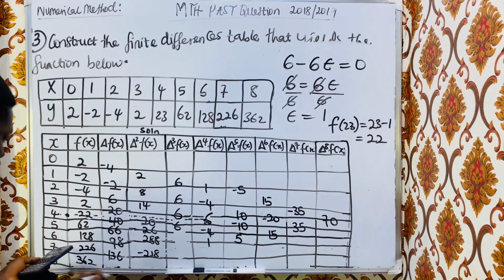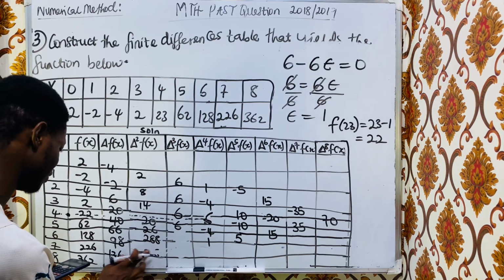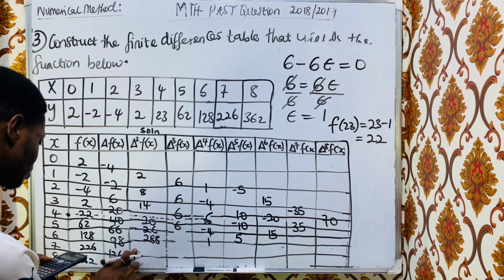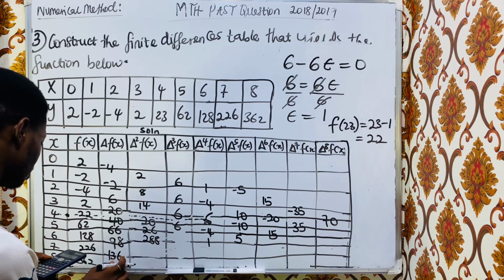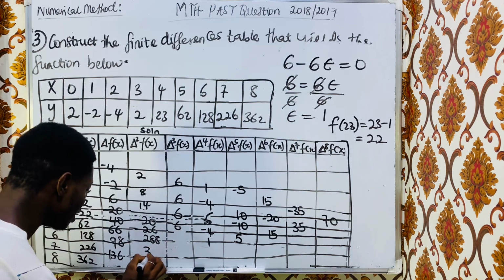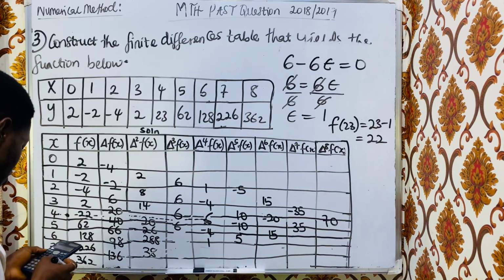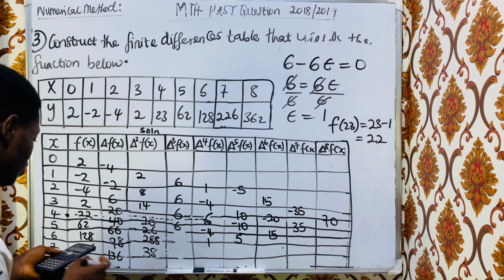It will not affect. So this minus this, 136 minus 98, gives me 38 instead of this. Then 98 minus 66 will give me 32.